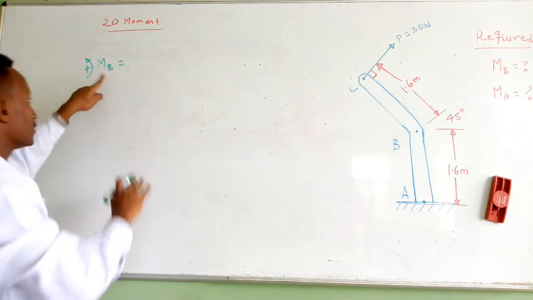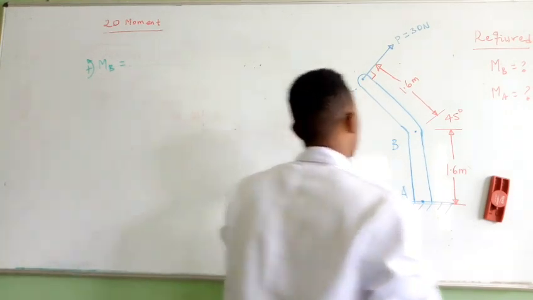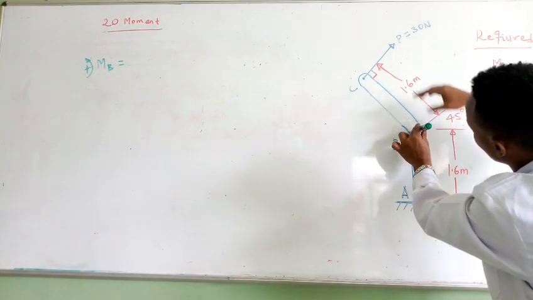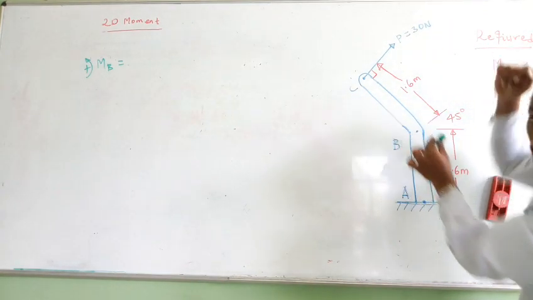It becomes perpendicular for this point. The turning effect point is here, so for this force, the perpendicular distance becomes 1.6 meters.